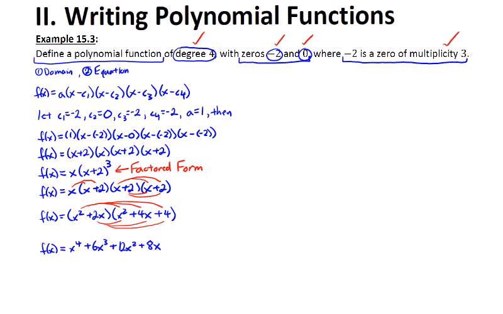That represents the standard form of our equation. Back at the top, we discussed that to define a polynomial function, we need both a domain and an equation. I'm going to put a check mark next to the equation. That's done.